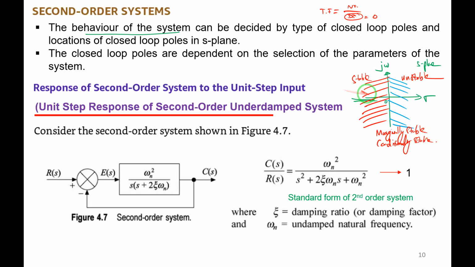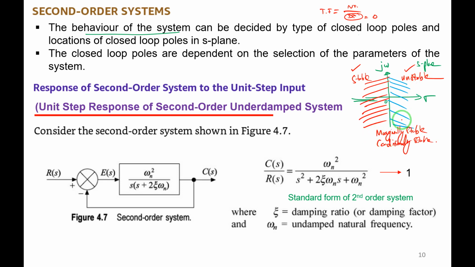There are three cases. Based on the location of the roots or closed loop poles, we can judge the behavior of the system, whether it is stable, unstable or marginally stable.